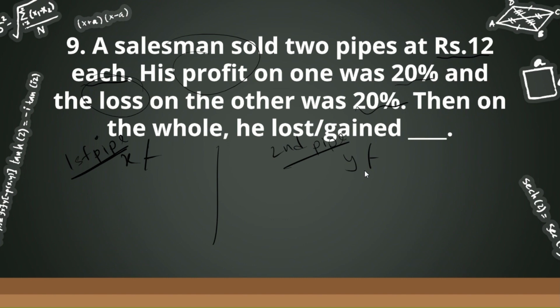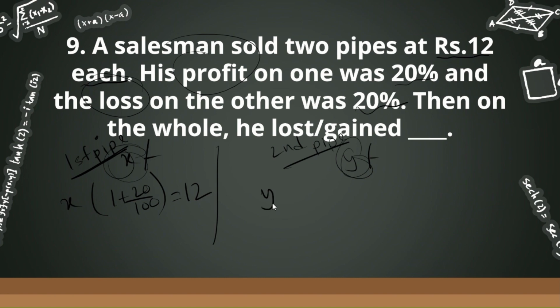So the amount before profit we have to find out. The amount before profit for the first pipe is X, and for the second pipe it's Y. For the first case, X times 1 plus 20% was the profit, hence the selling price after the profit is 12.